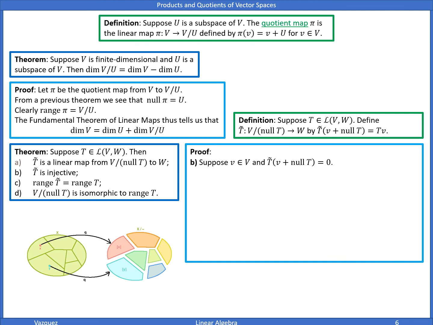So the first one, part A, I'm skipping, because proving something is a linear map is a good exercise. But I'm going to go with: T, our new mapping, T tilde, is injective. So suppose V is in V, and this mapping is equal to 0.